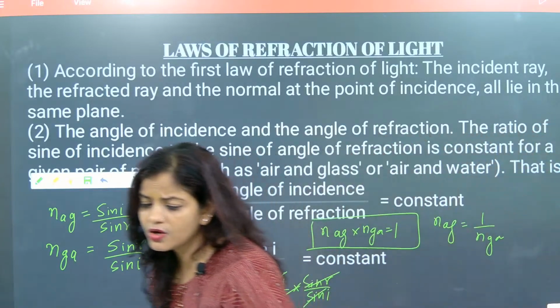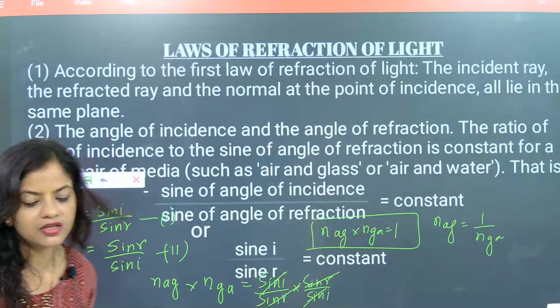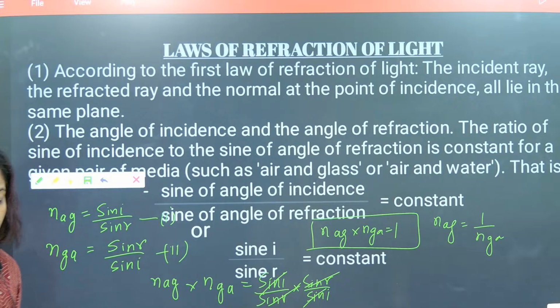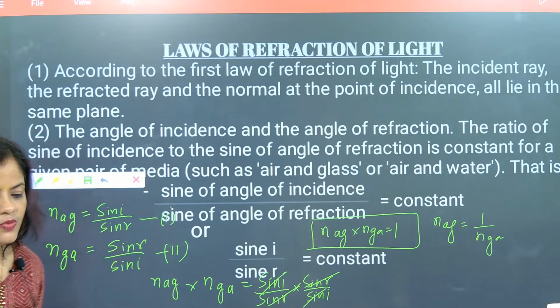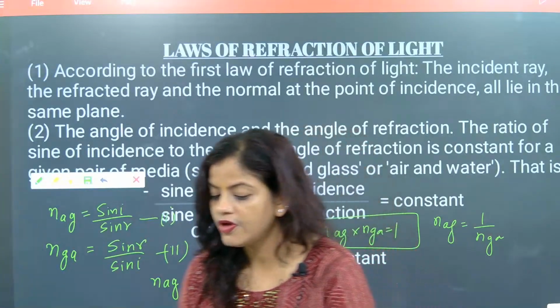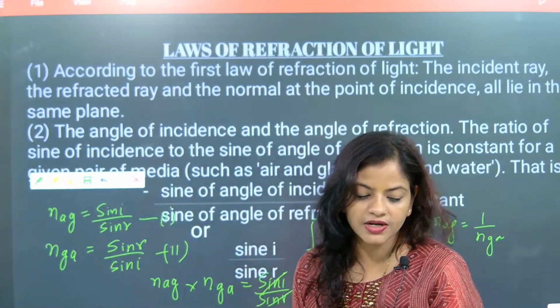When you are going from one medium to another, air to glass will be equal to the reciprocal of glass to air. That is one of the derivations. This is one content we need to understand, beta.